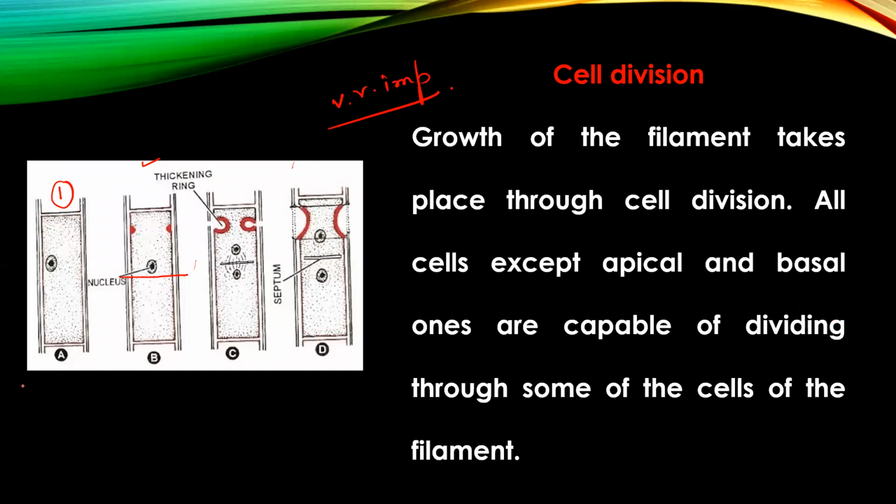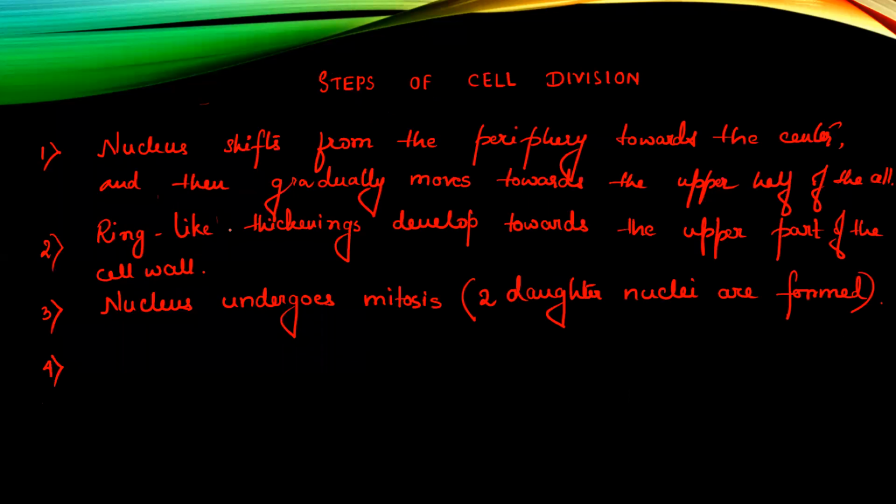See this? What did I say? The nucleus divides mitotically to form two daughter nuclei. This is one, this is one. And in between, what happens? What did I say? After karyokinesis has taken place, a row of microtubules develops. Okay, let me write this.